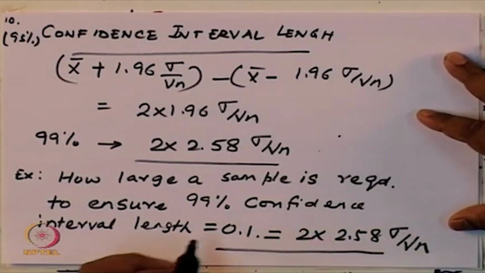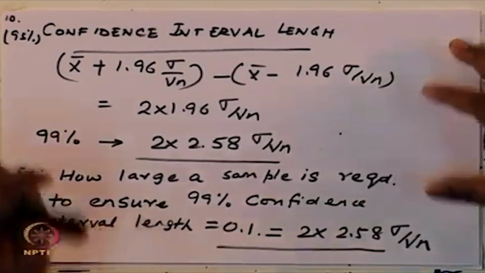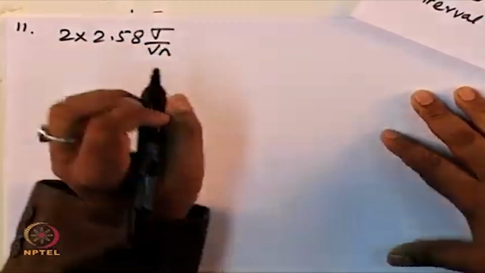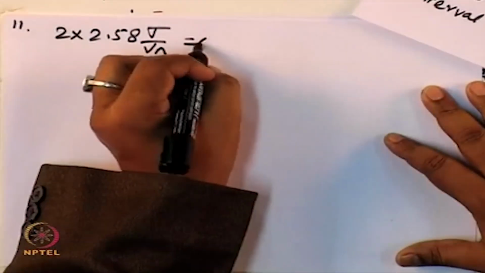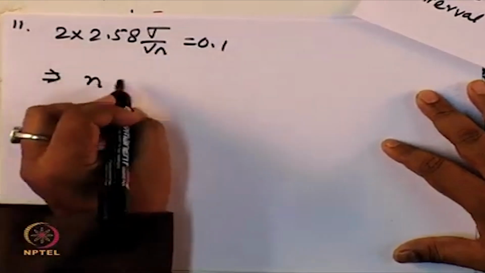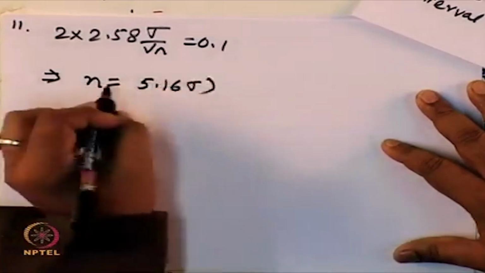Based on this, you have an equation where you have root n. So, from this equation, 2 into 2.58 into sigma by root n is equal to 0.1. From this, I can calculate n is equal to (5.16 sigma) whole square.